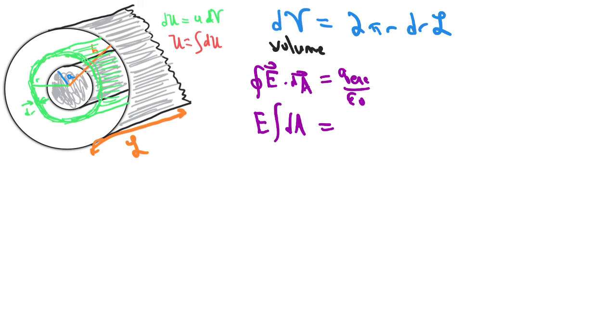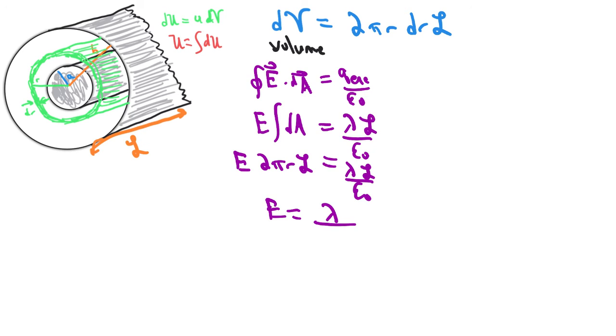And the enclosed charge is going to be the charge density lambda times this L, over epsilon. The integral of dA is just 2 pi r times that L, so it's lambda L over epsilon. So the electric field is lambda over 2 pi epsilon naught times 1 over r. And to be honest, I don't care about any of that except this bit. So I'm going to write the electric field as some constant over r.